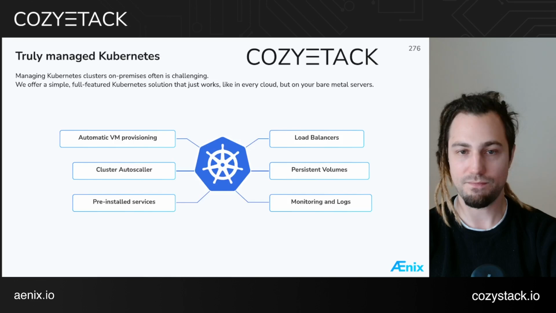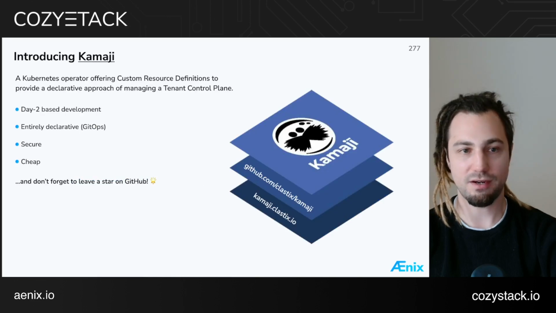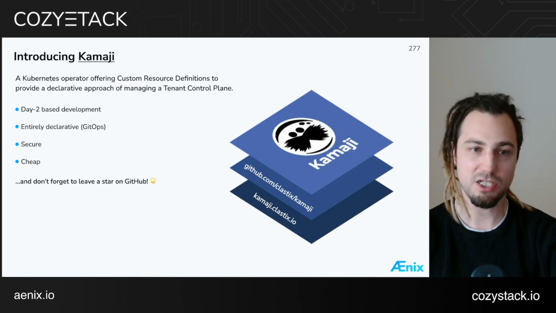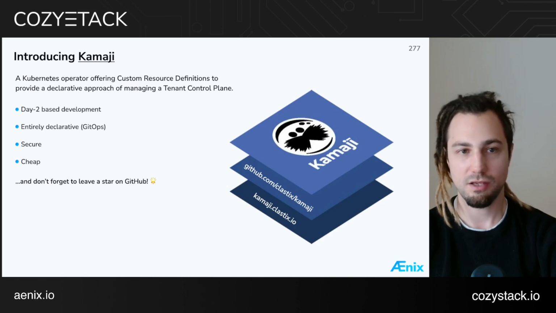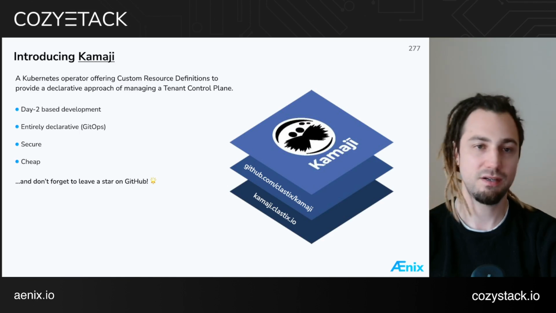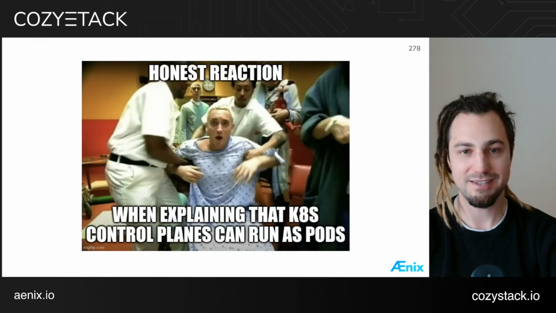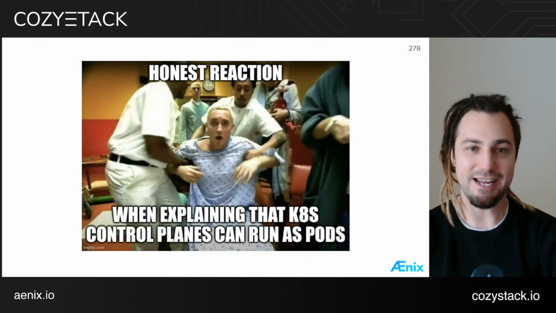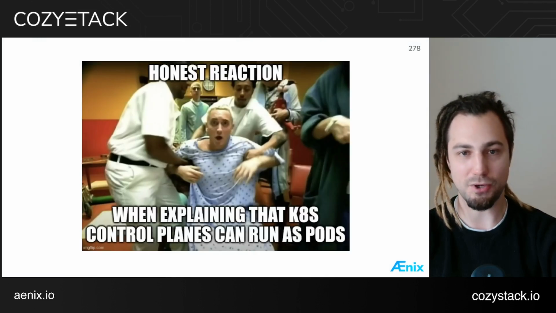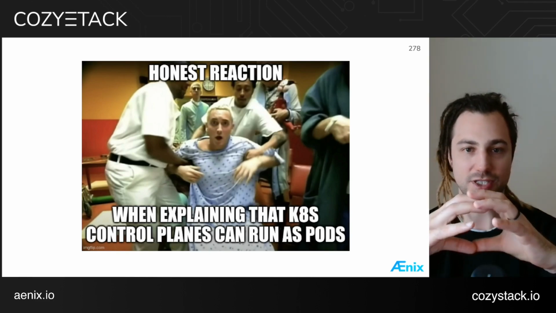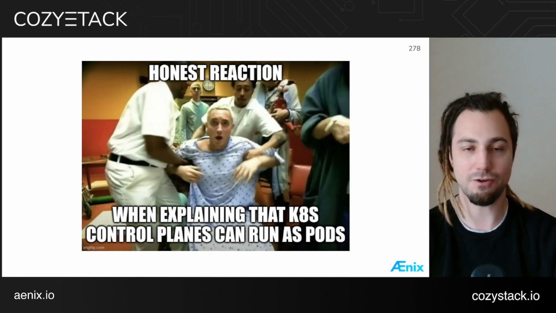We provide them. For the control plane, we use a project called Kamaji. Kamaji actually allows you to run your control plane components like API server, controller manager, scheduler, and connectivity as simple pods. So you can run your control plane components as pods, and then you can create virtual machines and join those virtual machines to this created control plane.